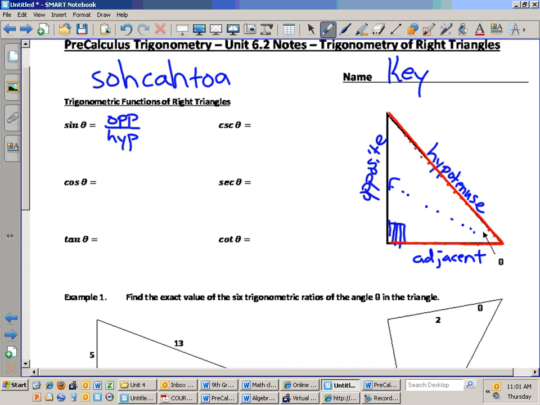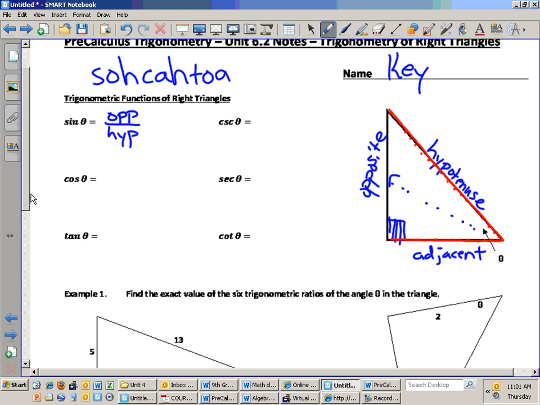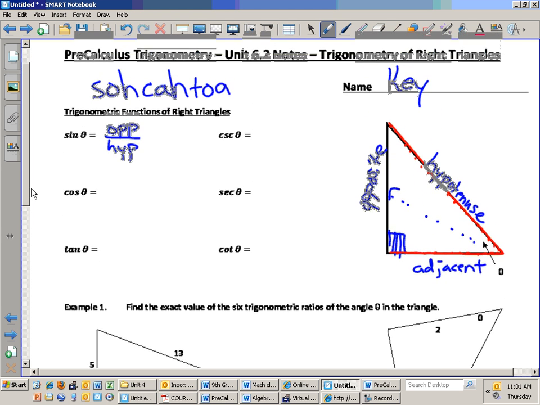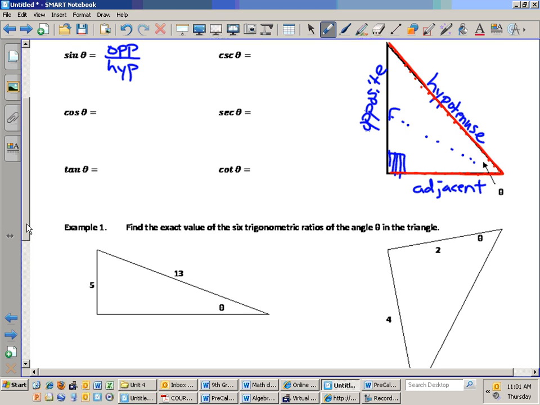Okay. So, cosine, please do not refer by first names. Cosine would be adjacent over hypotenuse. And tangent, opposite over adjacent. Okay? The others are simply the reciprocal.